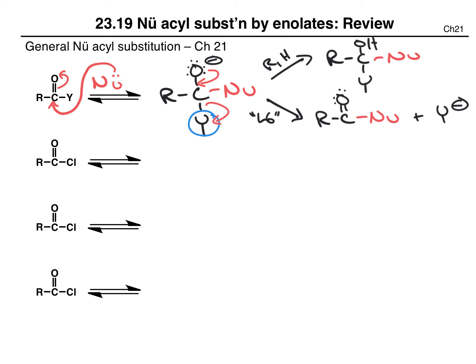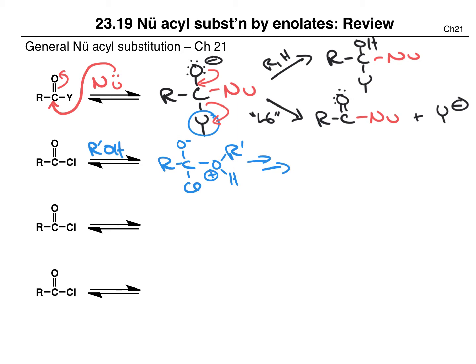Now, we've looked at a number of examples, and you should recall that acid chlorides are the most reactive carboxylic acid derivative when it comes to nucleophilic acyl substitution. So this can react, for example, with an alcohol, and that will give us an intermediate that looks something like this.